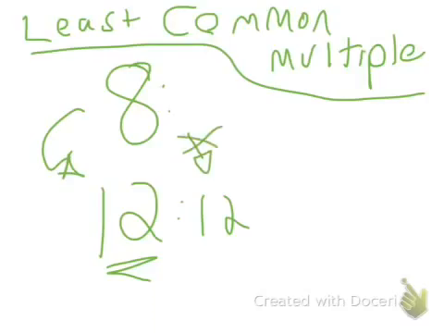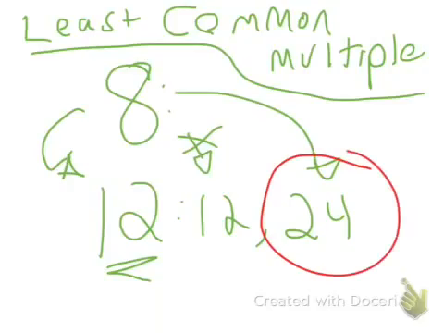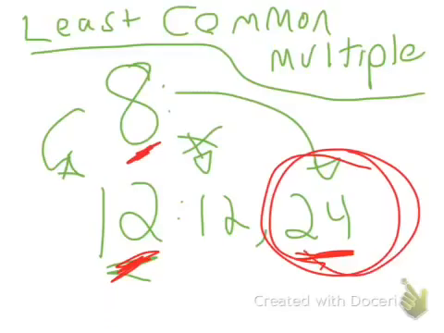So it's not 12. What's the next multiple of 12? 24. Does 8 go into 24? The answer is yes. So that's the lowest number that is a multiple of both numbers. So 24 is the least common multiple of 8 and 12.